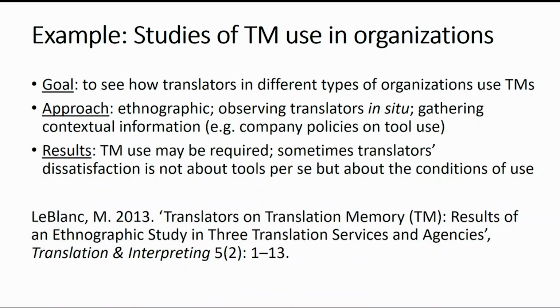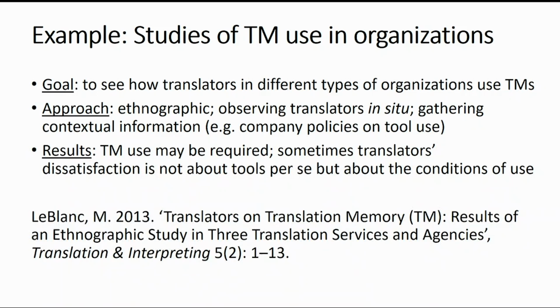And the findings showed that in some cases a tool was sort of imposed on the translators. In other cases, translators were welcome to use technology, but it was not so directed. They didn't have to use a particular tool. And one of the really interesting things that came out of this, it's not surprising, but it's helpful to have it documented, I think, is that sometimes translators' dissatisfaction is not with the technology itself, but with the conditions under which they are asked to use the technology.